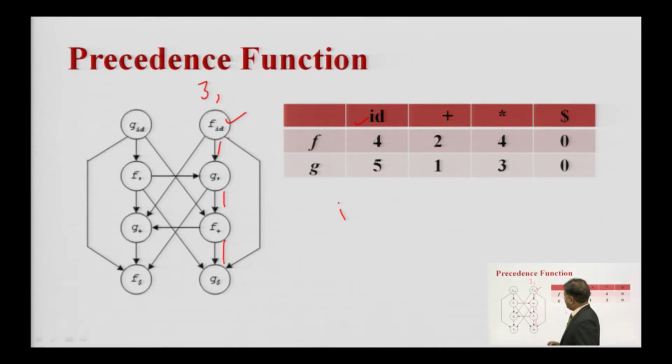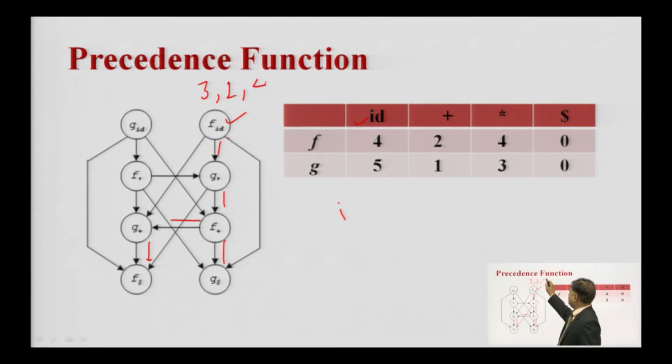Second possible path may be F id to G dollar, the length of this path is only 1. Third possible path may be F id to G star, then F plus to G plus and G plus to F dollar. So, this is the next path, 1, 2, 3 and 4.